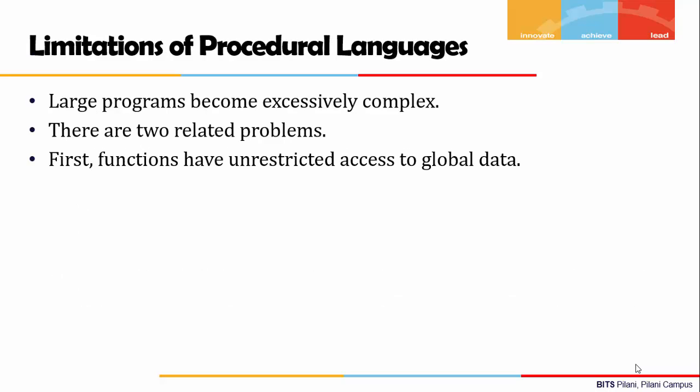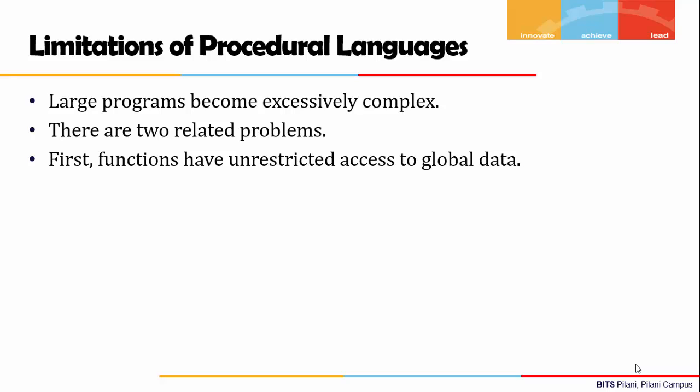So, let's examine the problems or limitations of procedural languages in detail. We know that in a procedural program like C, local data is hidden inside a function and is used exclusively by this function, whereas global data can be accessed by any function in the program.